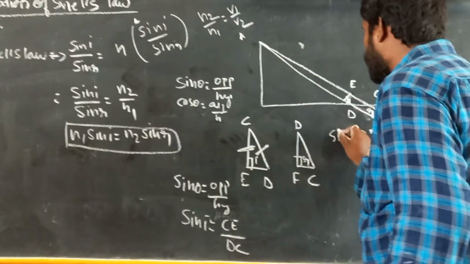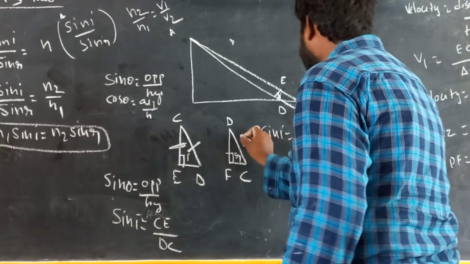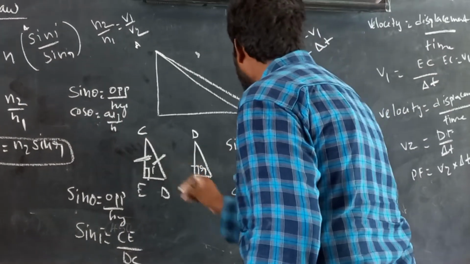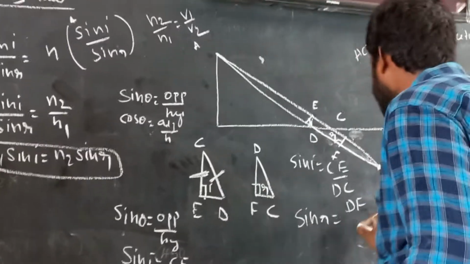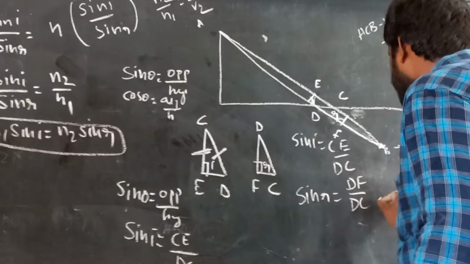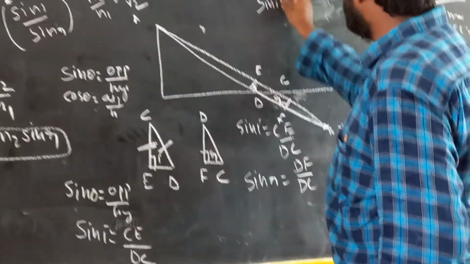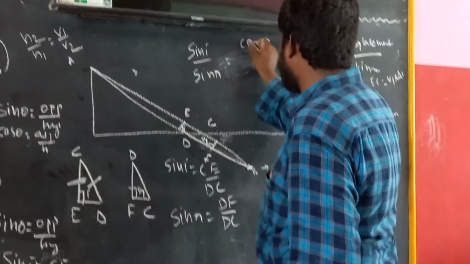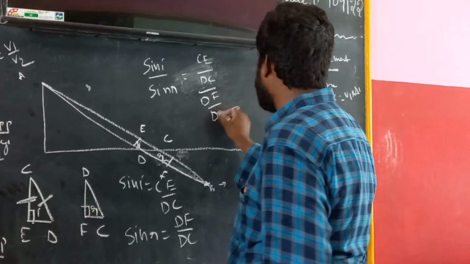Sin I is equal to CE by DC. Now let us find sin R. Sin R is equal to the opposite side DF by the hypotenuse DC. Then sin I by sin R is equal to CE by DC divided by DF by DC.